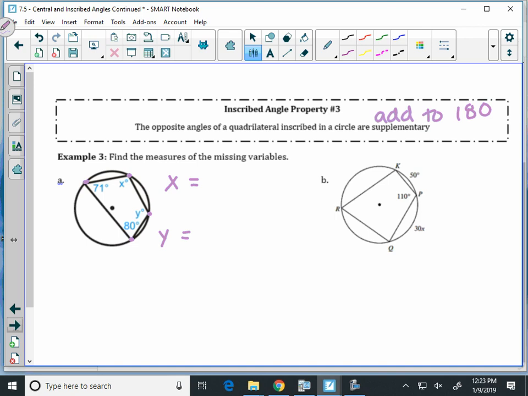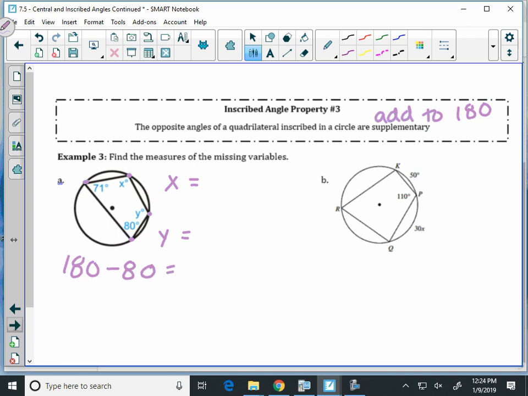If I know these are supplementary, what can we do with 80 to figure out what x is? We know that opposite angles of a quadrilateral are supplementary. That means they add to 180. Right? Well, what can we do with 80 to figure out x? Subtract them. You can just do 180 minus 80, and that will give you x.